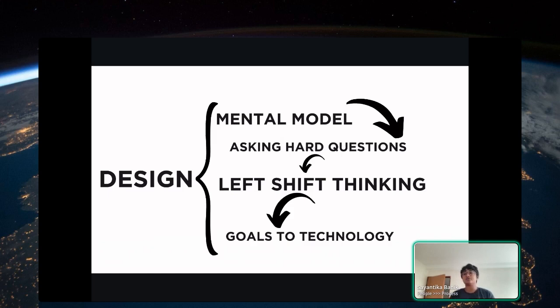They are the hard questions which maybe question the entire concept and the value. These questions define the base of your need and gap pipeline. And finally, we think in terms of left shift thinking. We'll talk more about it. The end goal is to go from goals to technology, not vice versa.